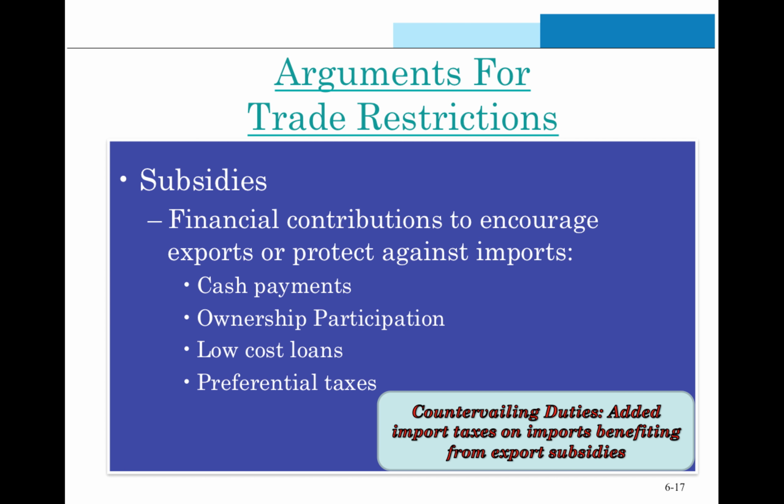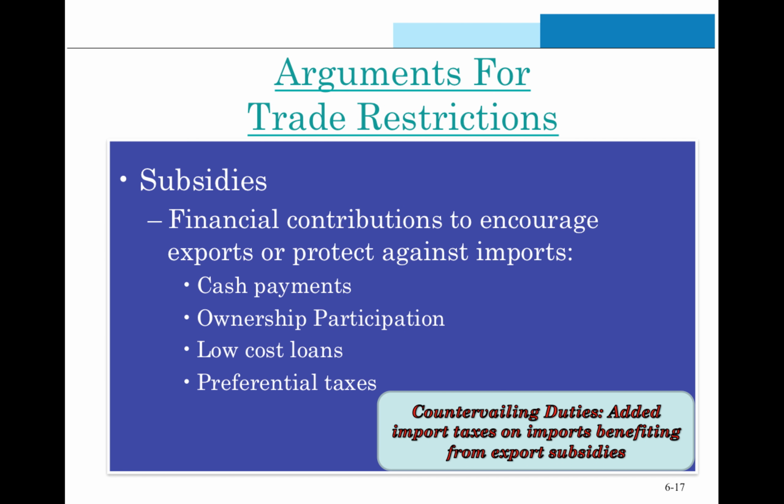There are other arguments for trade restrictions, subsidies, for instance. A subsidy is basically a financial benefit of some kind that a government is providing to a local producer so that they can compete more effectively in overseas markets.